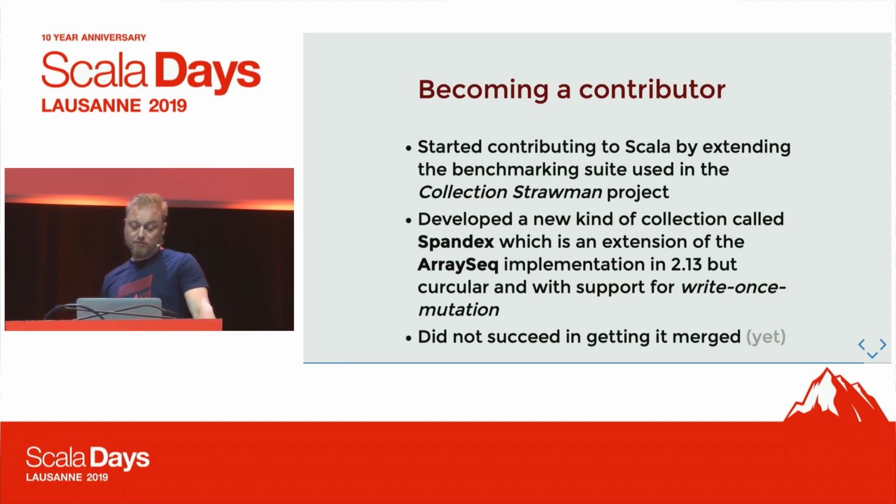And I got interested in that one, and I thought, yeah, that's really nice. I started developing a collection type there that I called Spandex. It was like the ArraySeq, which is also a new implementation in 2.13, but it was circular, so you could append as well as prepend to it, and it supported write-once mutation, which makes it really good in many cases, but also has some hard to handle corner cases.